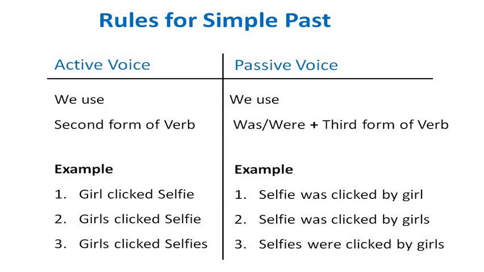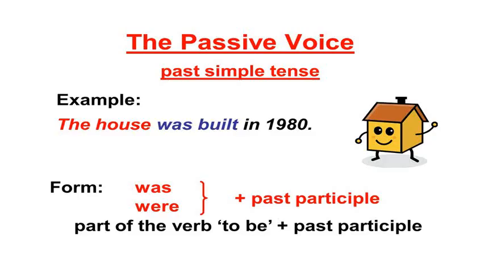So the object plus was or were, was with the singular, were with the plural, plus the past participle. The girl clicked a selfie, so a selfie was clicked by the girl. Girls clicked a selfie, a selfie was clicked by girls. Girls clicked selfies, selfies were clicked by girls.